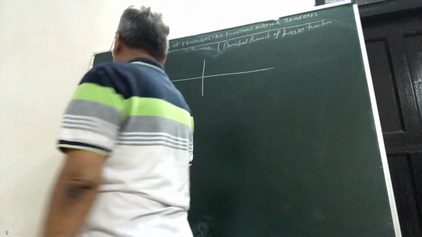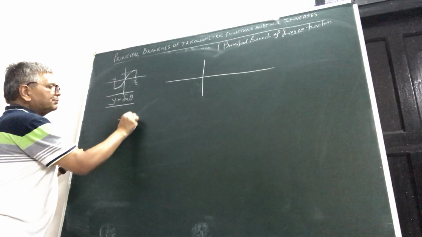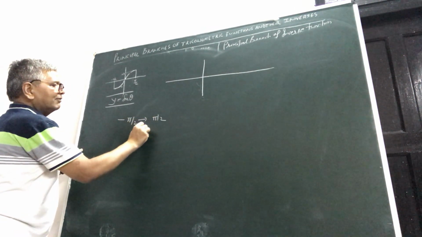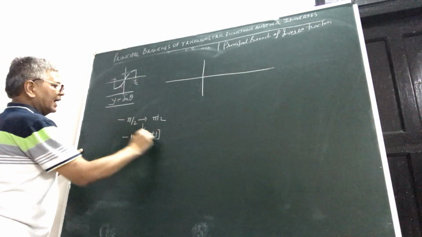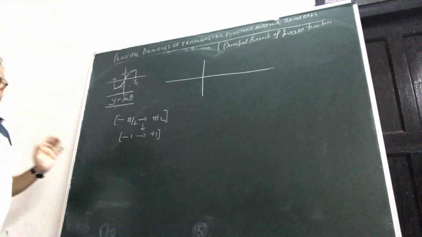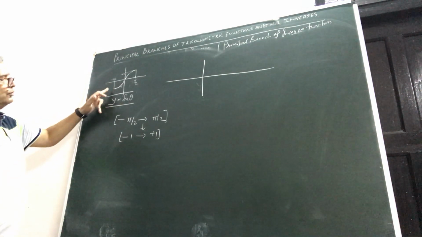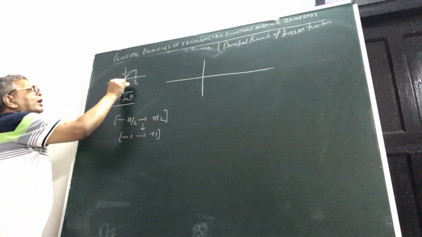As I said, for sine theta, the principal branch is what? Minus pi by 2 to plus pi by 2. And what are the values acquired therein? Minus 1 to plus 1. Please see, it is closed on both sides. This is what you wrote in your table. Now with this understanding, see here, it is a one-one onto mapping.